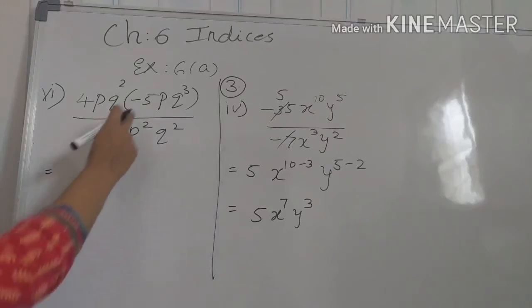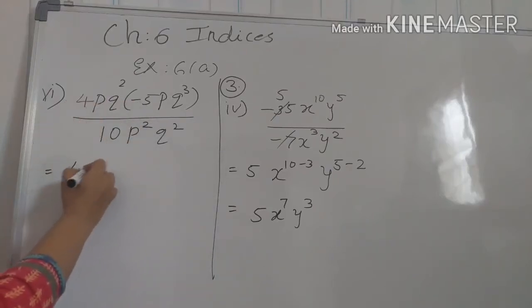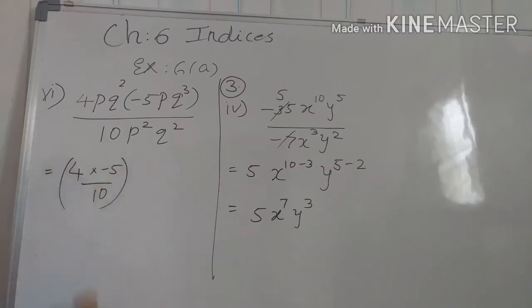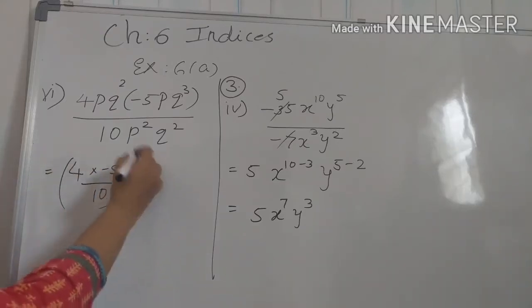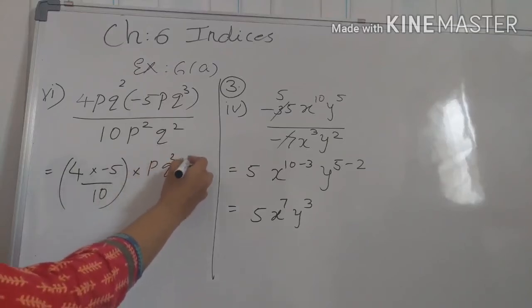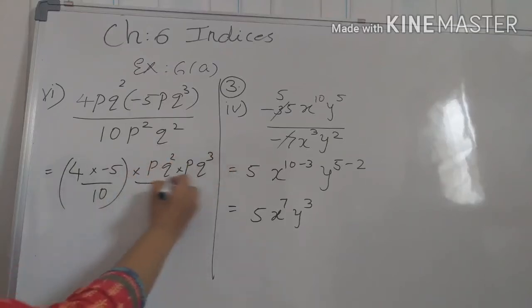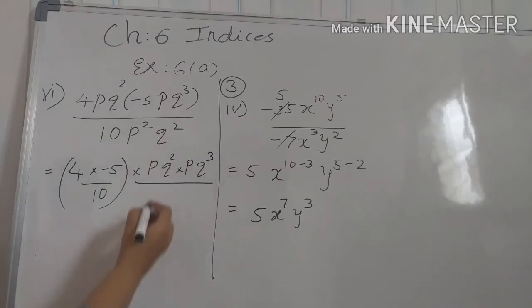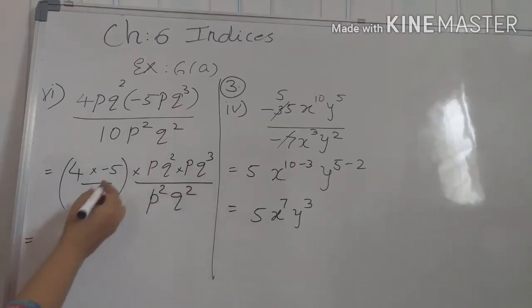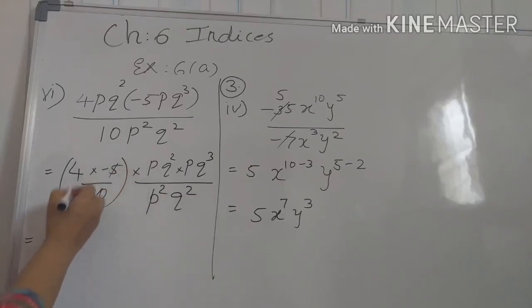Now here first of all I take this outside, so all the numerical coefficients you can put in one bracket, and then we'll take pq square into pq cube, all the literal coefficients together. Now here we can cut 5 twos and 2 twos, so minus 2 here. So our numerical part is solved.